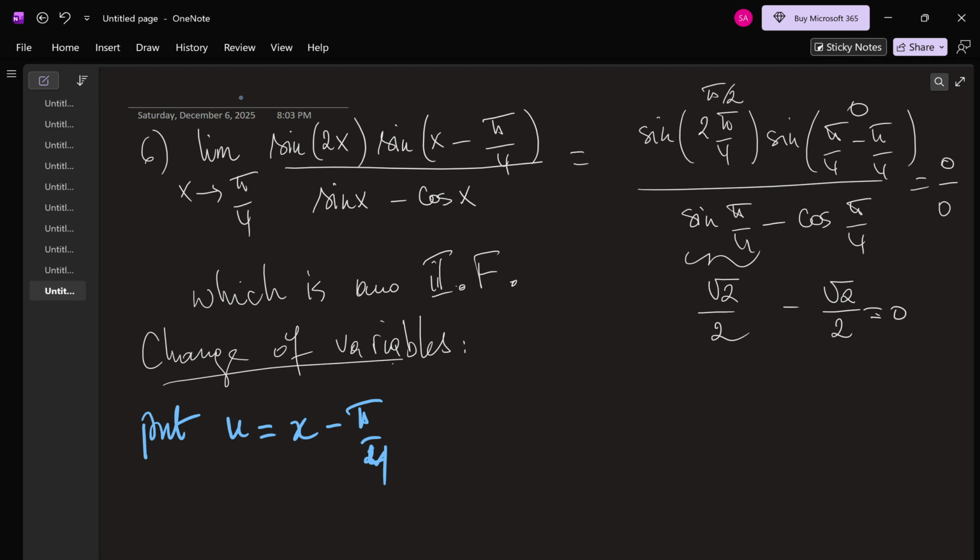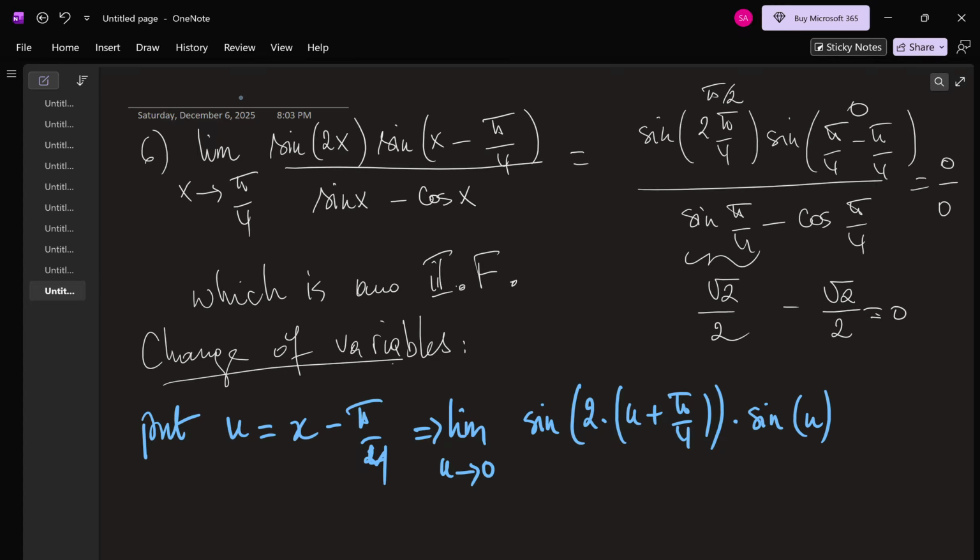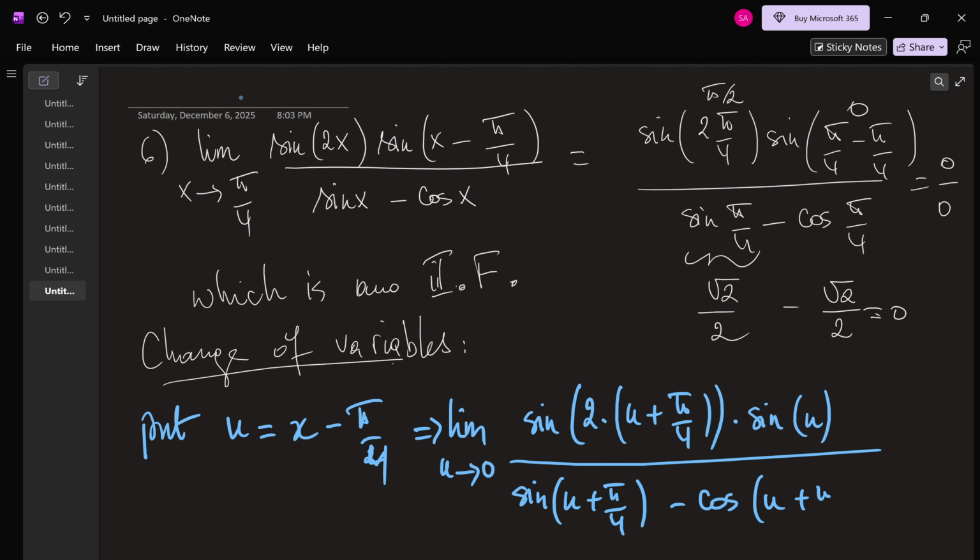So this will lead us to the limit when u is approaching 0 of sine of 2 times u plus pi over 4, times sine u, all over sine of u plus pi over 4 minus cosine of u plus pi over 4.